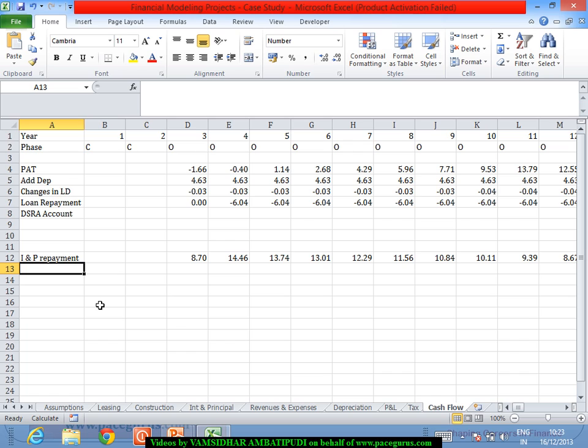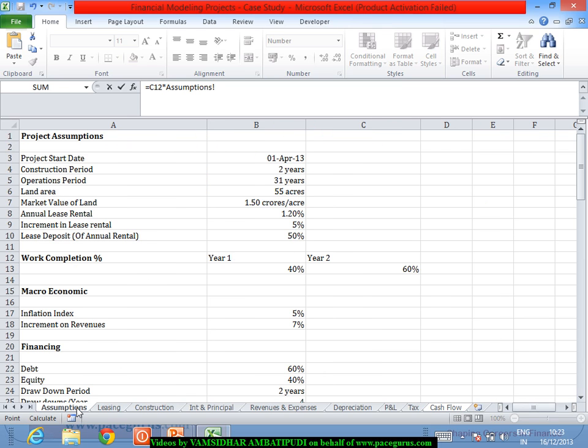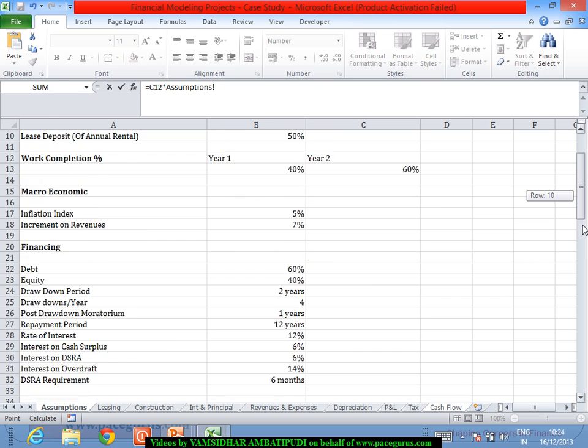So now what I will say is the DSRA requirement. I'll use another field called DSRA requirement, simply talking about whatever payment is required in the next period. I will maintain a simple 6 months requirement.